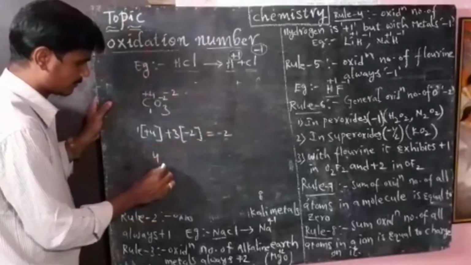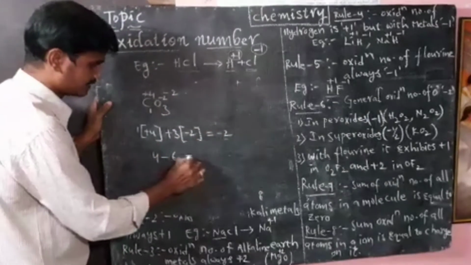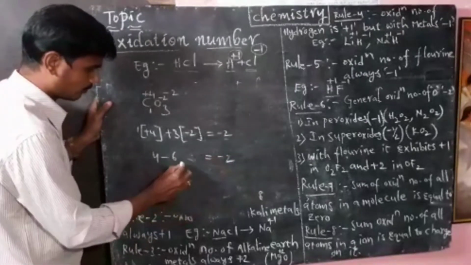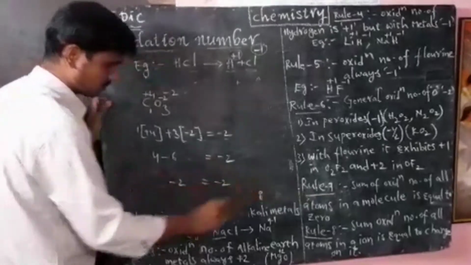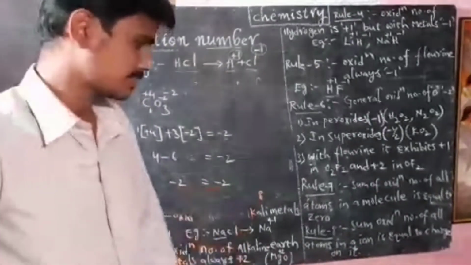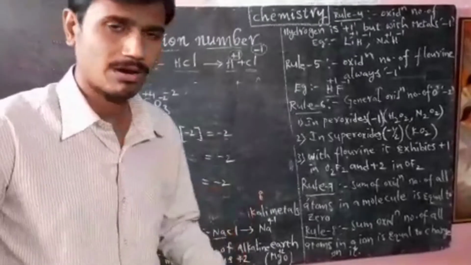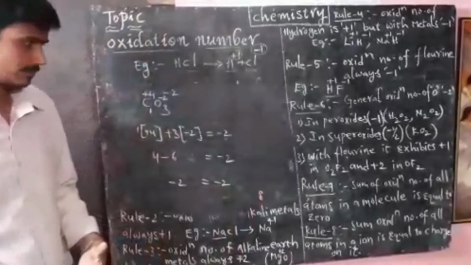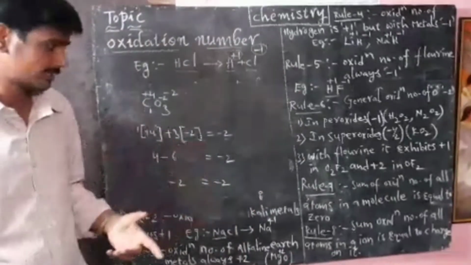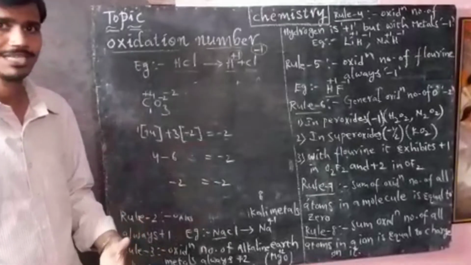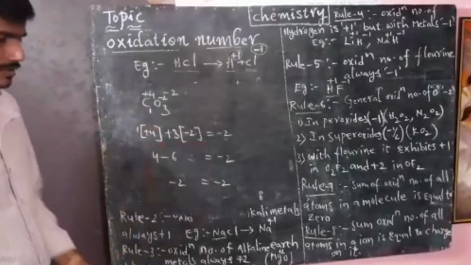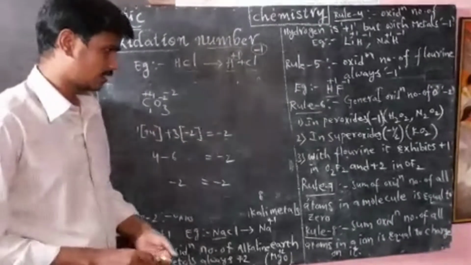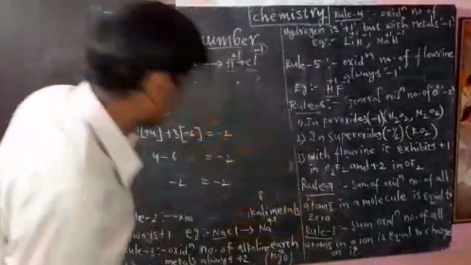So 1 fours are 4, 3 twos are 6, minus 6, that is equal to -2. So 4 minus 6 is -2, LHS equals RHS. So rule 8 is verified. This is about the rules for oxidation number.